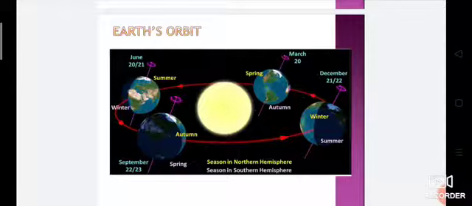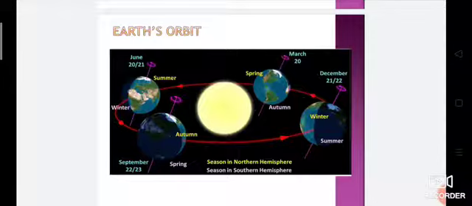So just because of the angle of elevation of the sun, and due to the inclination of the earth's axis, the earth observes various types of seasons in various locations. The Earth's orbit also causes these different types of seasons because of its shape.